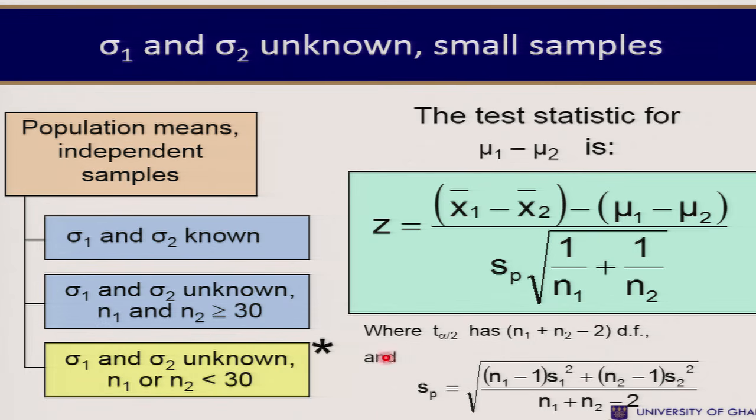This is taken into consideration in the formula. So our test statistic becomes (x1 bar minus x2 bar) minus (mu1 minus mu2) all over the pooled standard deviation times the square root of 1 over n1 plus 1 over n2. And this follows a t distribution with degrees of freedom n1 plus n2 minus 2.